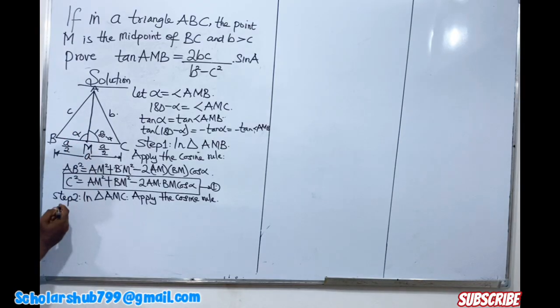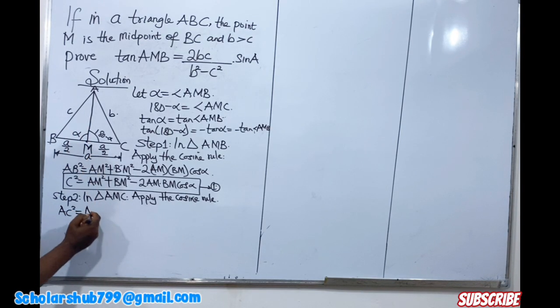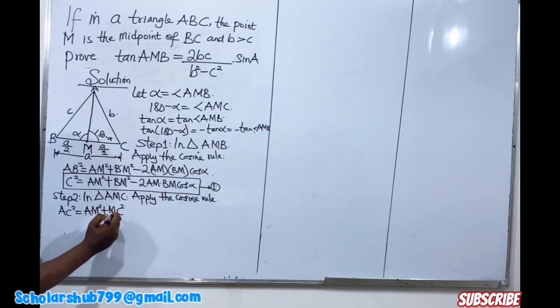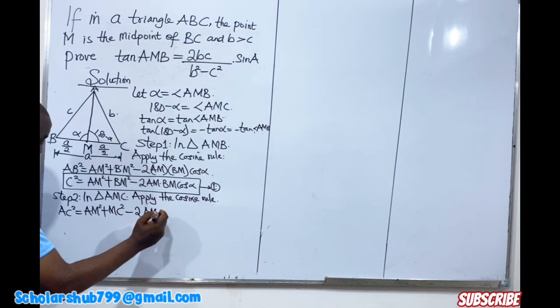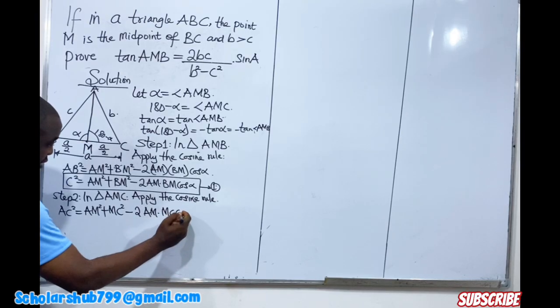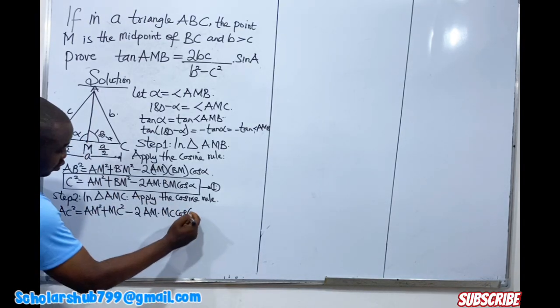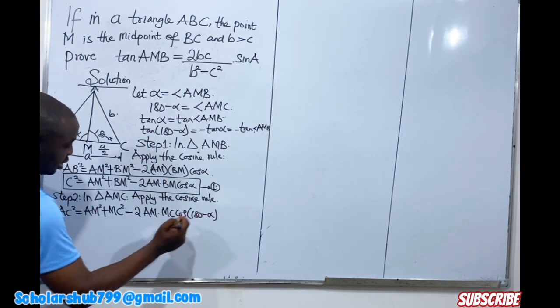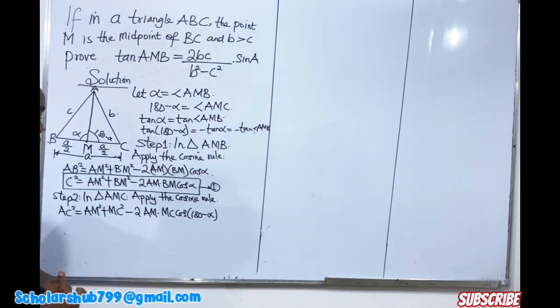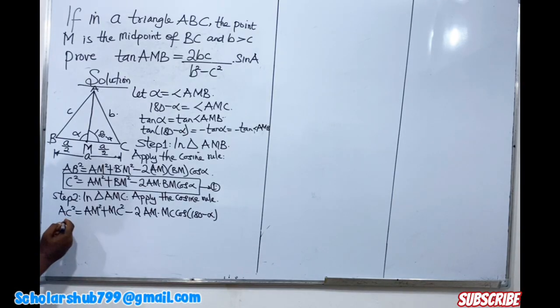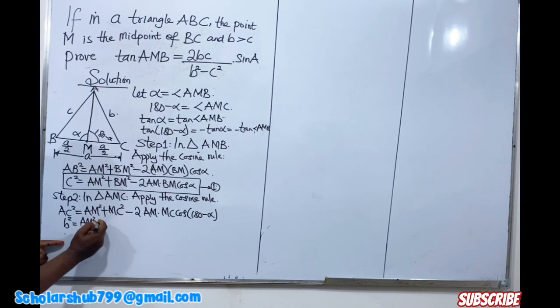So that means we're going to have AC² equals AM² plus MC², then minus 2AM multiplied by MC, then cos of the angle, which is now 180 minus alpha. Now cos of 180 minus alpha will be negative cos alpha. So AC squared, which is b squared, equals AM squared.